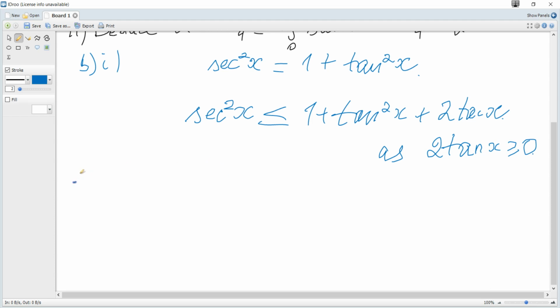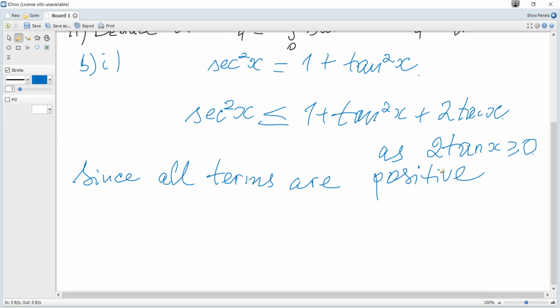And then, since all terms are positive, we can just apply a square root on both sides and get that secant of x is less or equal than 1 plus tangent of x.